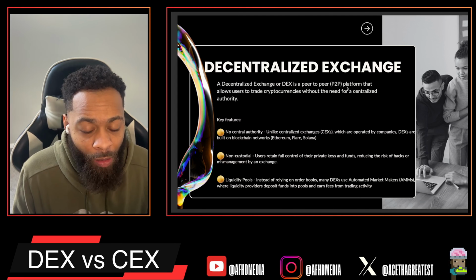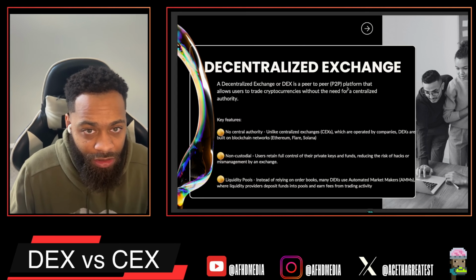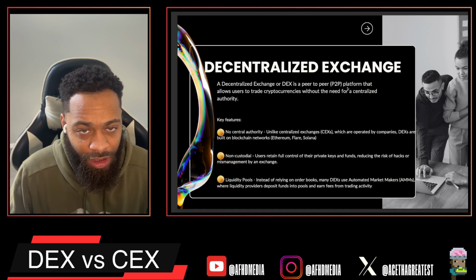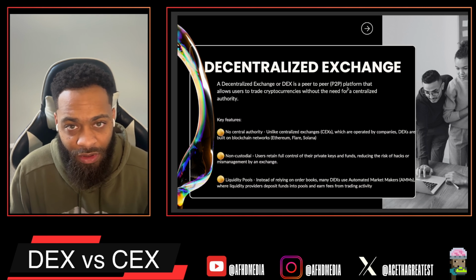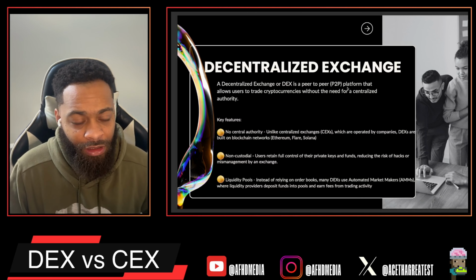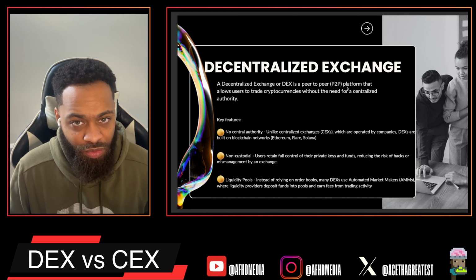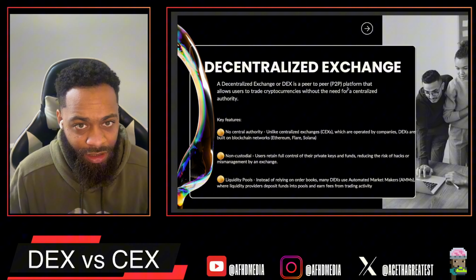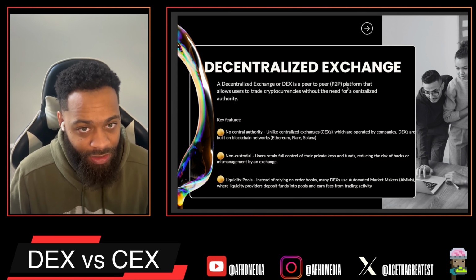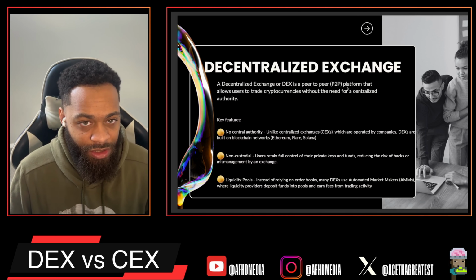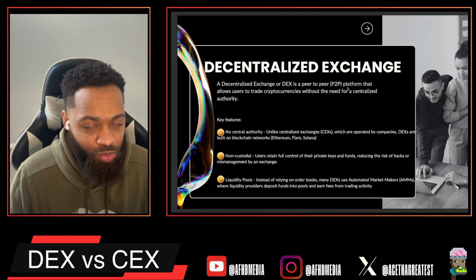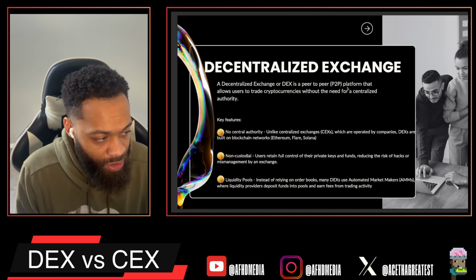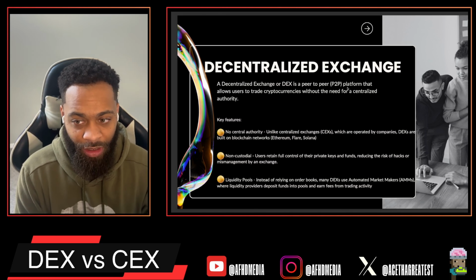Think of a DEX as like an application that lives on the blockchain. Like you could have a DEX that lives on Ethereum, Solana, Flare, any of these big name blockchains. I'm almost positive they all have a decentralized exchange or two that is built on that network for trading purposes. Then you have non-custodial.